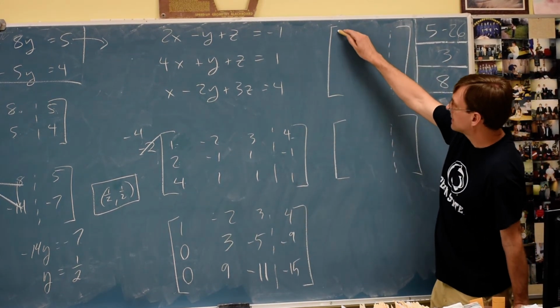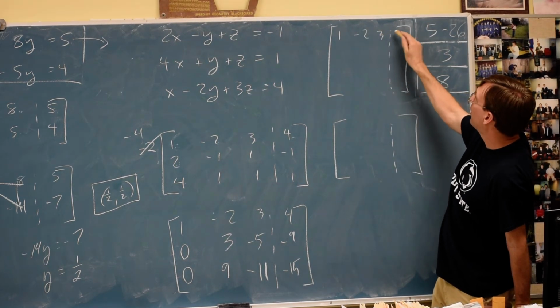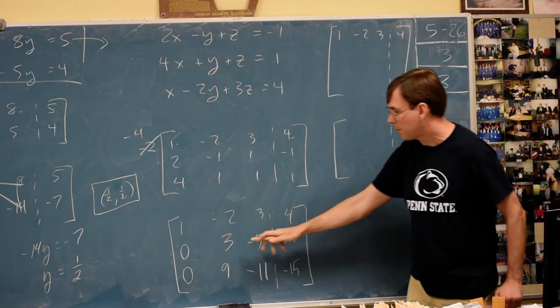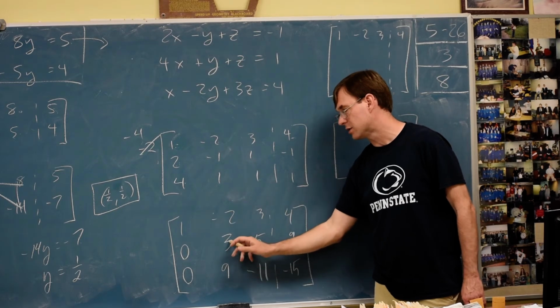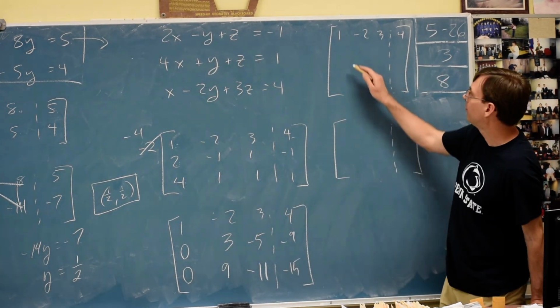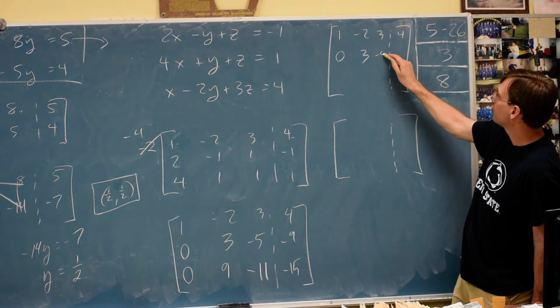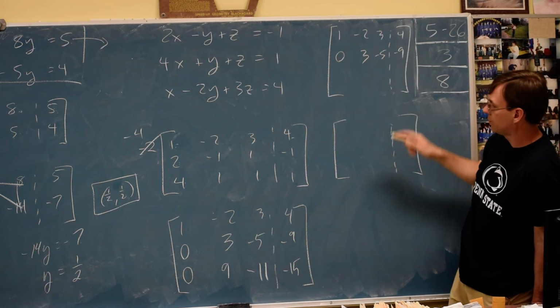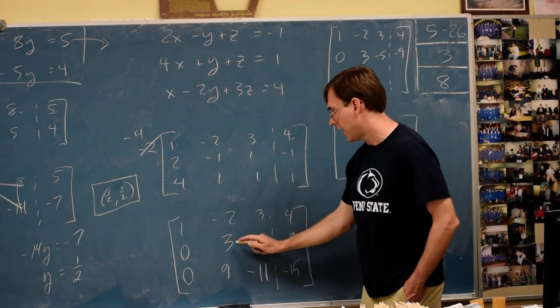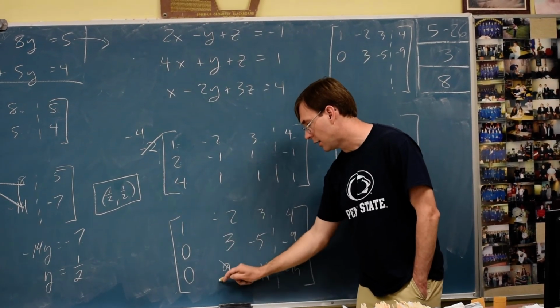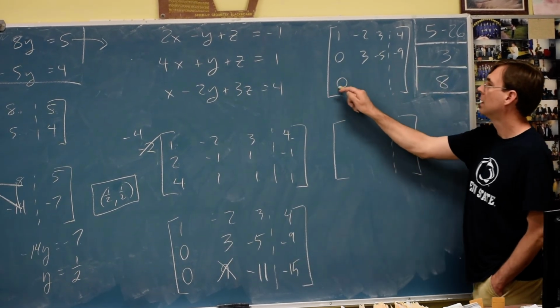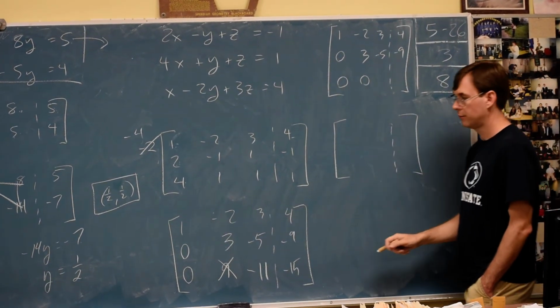When I go to the next step, I'm going to copy the top row. And I'm going to copy the smaller of these two numbers. If these were out of order, I'd switch them. But I'm pretty happy with that 0, 3 thing going next. And I devise a way where the 3 can kill that 9 and make the 9 a 0.